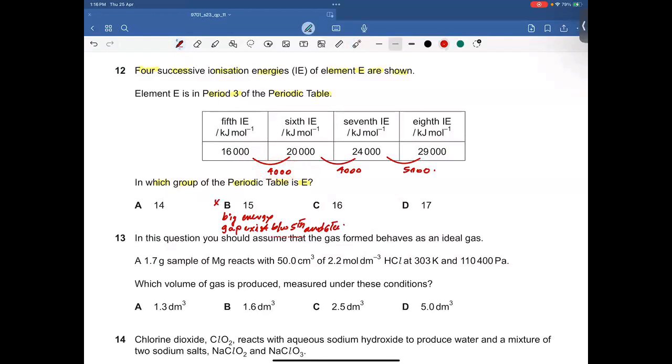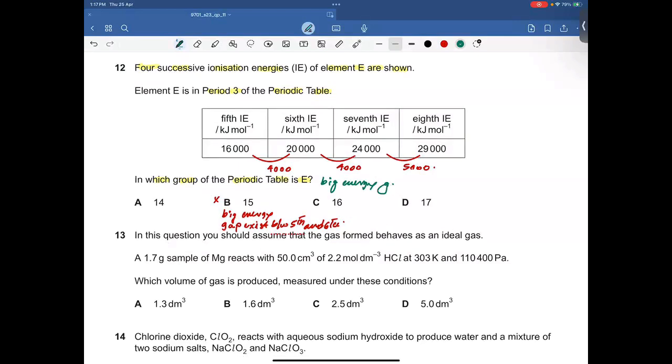Let's suppose element E belongs to group 16, which means a big energy gap exists between the 6th and 7th. Again, there is no big energy gap there, which means C is also incorrect. Let's talk about D.